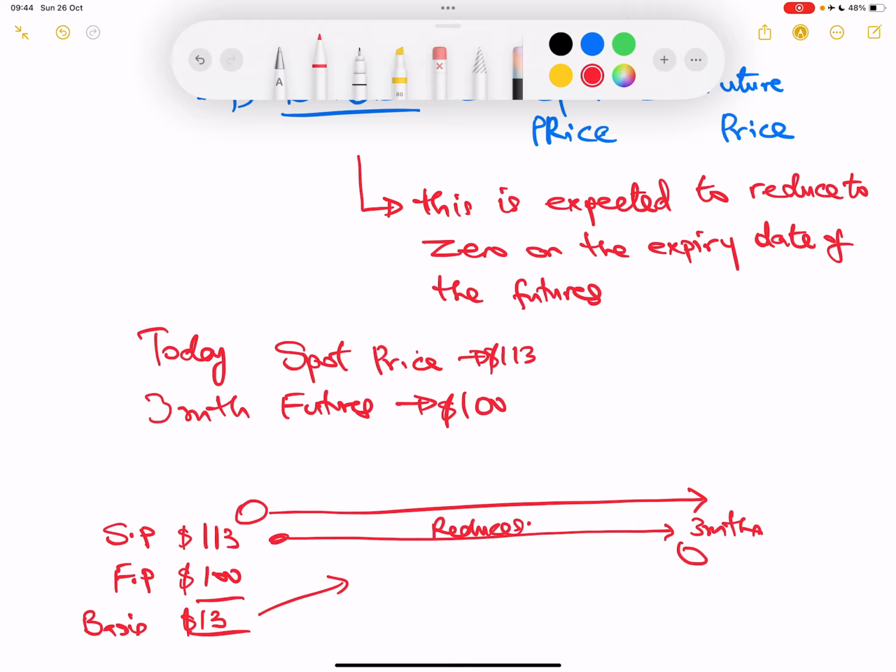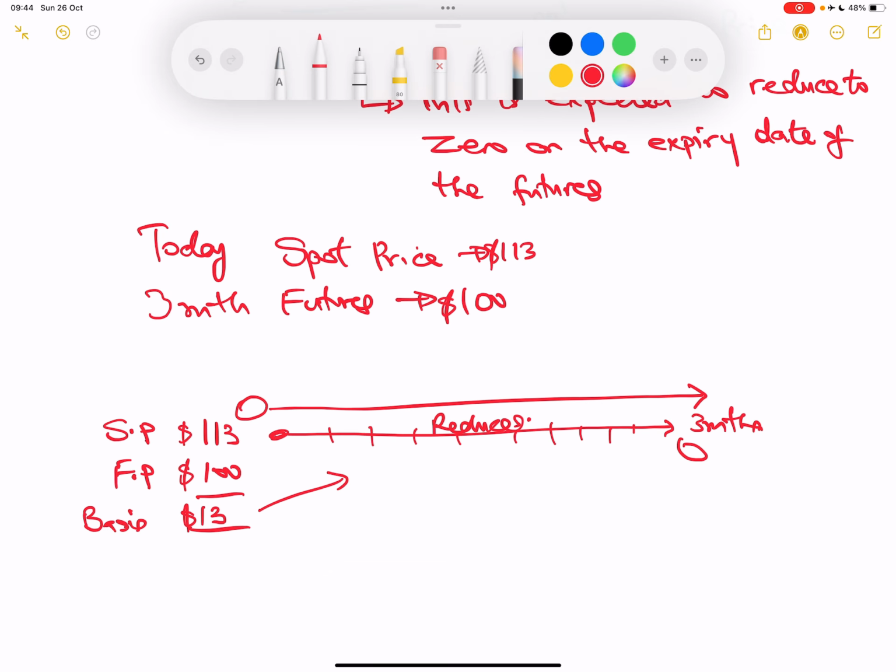And we'll usually take an assumption that it will be evenly reduced. So which means we can actually divide 13 by 3, and that's about 4.3 thereabout. So if we divide this into 3 months, we expect about 4.3 reduction in basis up to zero.